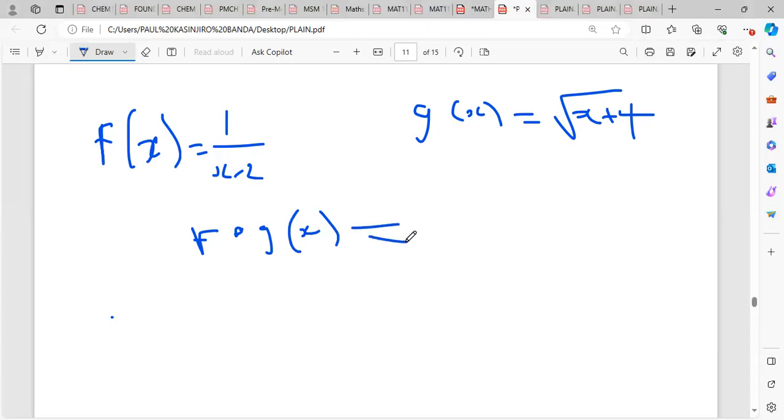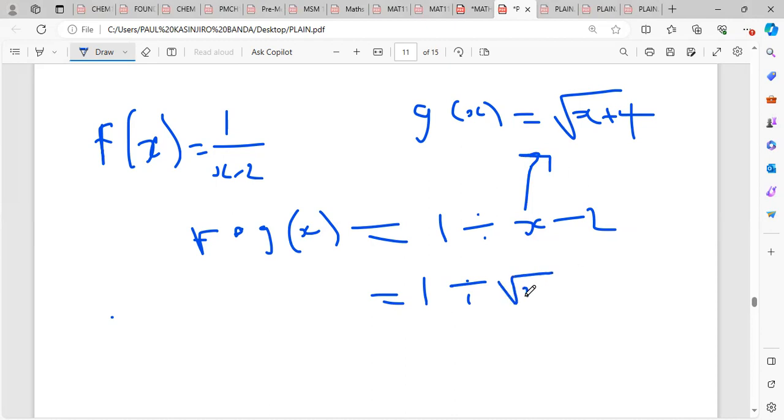So you always first write the outer function there, which is 1 divided by x minus 2, is equal to, then you input this g into this. So 1 is divided by this x there, which will be substituted by the function g, meaning I have the square root of x plus 4, then outside there I have my minus 2.